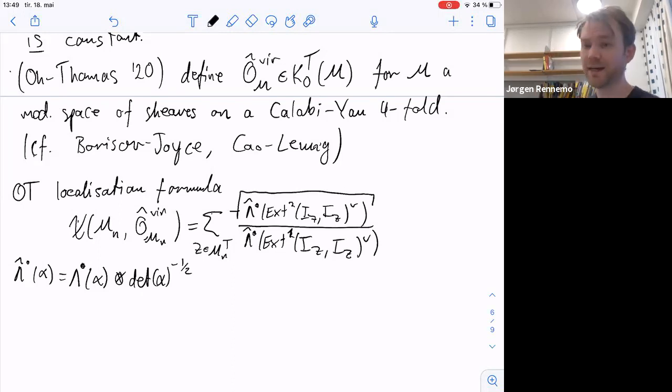Okay, so at a very naive level, formally, taking the square root of the denominator here corresponds to the fact that you're taking half the equations. You want to take half the equations you had before.